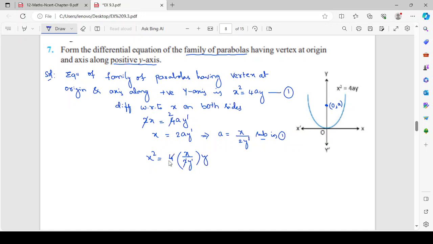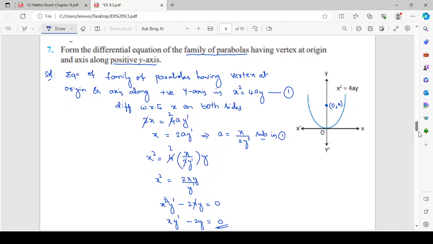So if I cancel the 2s, x square equal to 2xy by y dash, or x square y dash minus 2xy equal to 0, or still x is a common factor here. So xy dash minus 2y equal to 0 is the differential equation for the given family of parabolas.